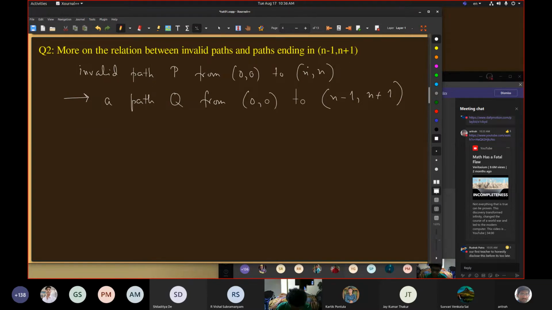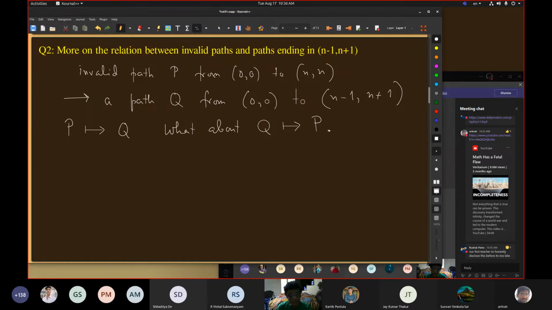Starting from P, I have generated Q. So what about Q to P? If I want to say all invalid paths from (0, 0) to (n, n) are in bijective, or one-to-one, correspondence with all paths from (0, 0) to (n minus 1, n plus 1), then I have to do something.